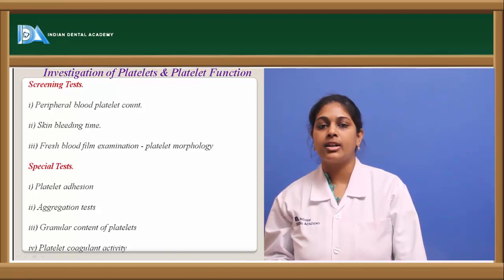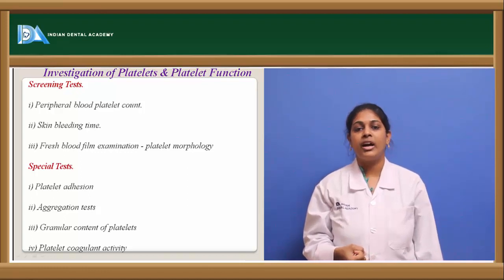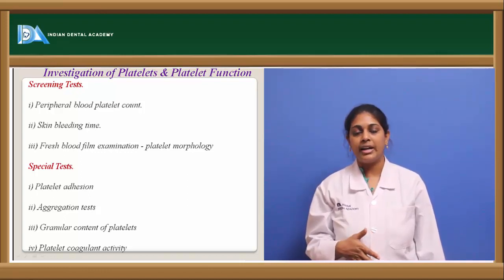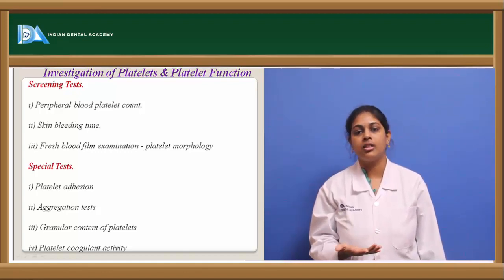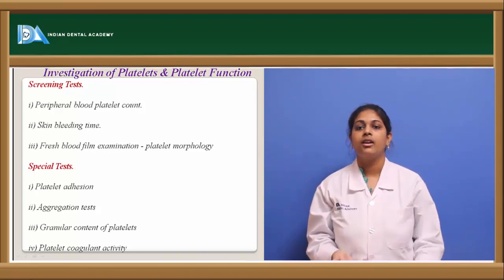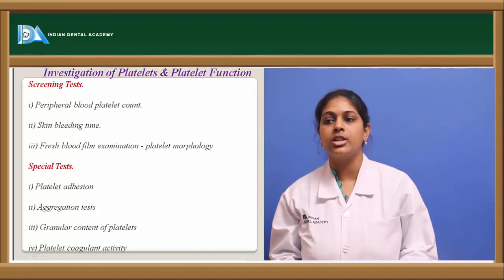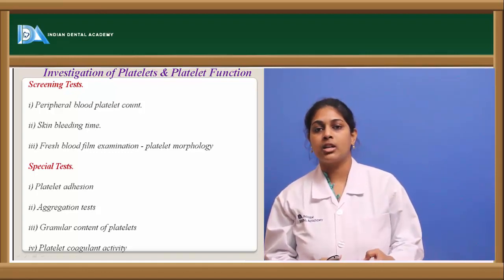Next come the special tests. These tests are special because they try to identify the major cause of the defect in platelet function, that is, at what stage the platelets are defective, whether it is the adhesion stage, the aggregation stage, the release reaction stage, or otherwise the hemostatic stage.